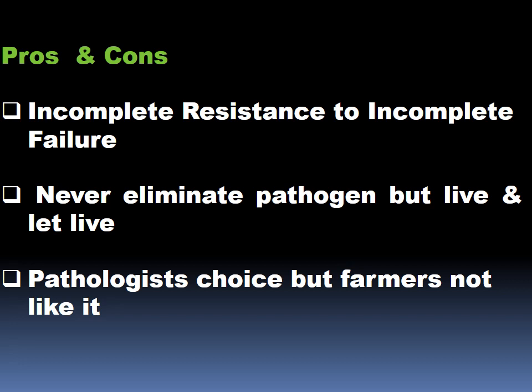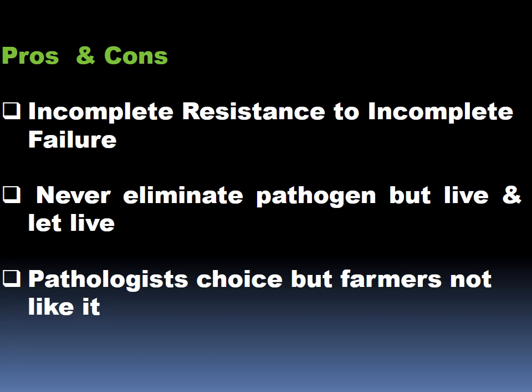So it does not put pressure on the pathogen, and as a result, the pathogen will not allow mutated copies to flourish, and both plant and pathogen live together. It's actually always liked by the pathologists because they think that since the resistance is based upon more than one gene, it would be a rare chance that epidemics can occur.